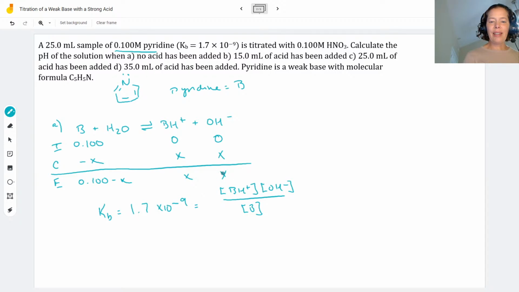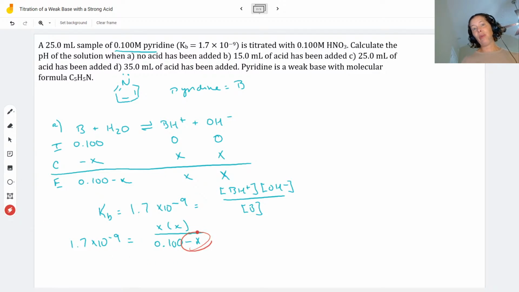Let me fix that. That is actually an X. So now I've got 1.7 times 10 to the negative ninth is equal to X times X over 0.1 minus X. Now what we really want to do is drop that minus X so we don't have to solve a more complex quadratic. We really just want that X squared in the numerator.